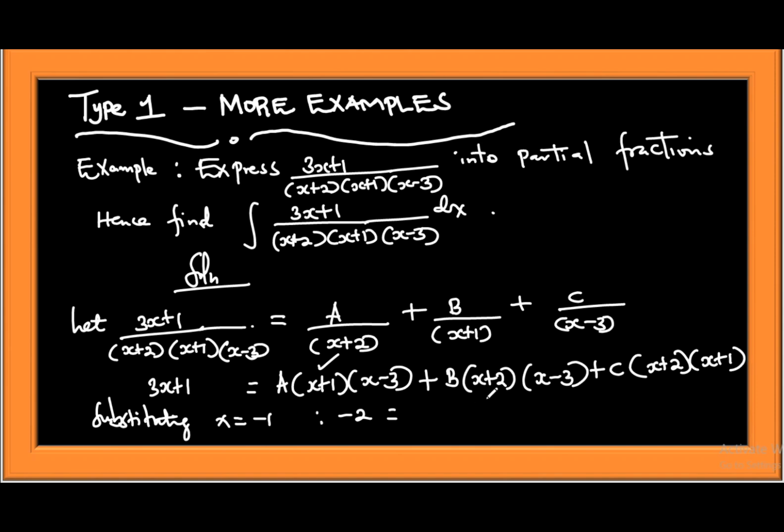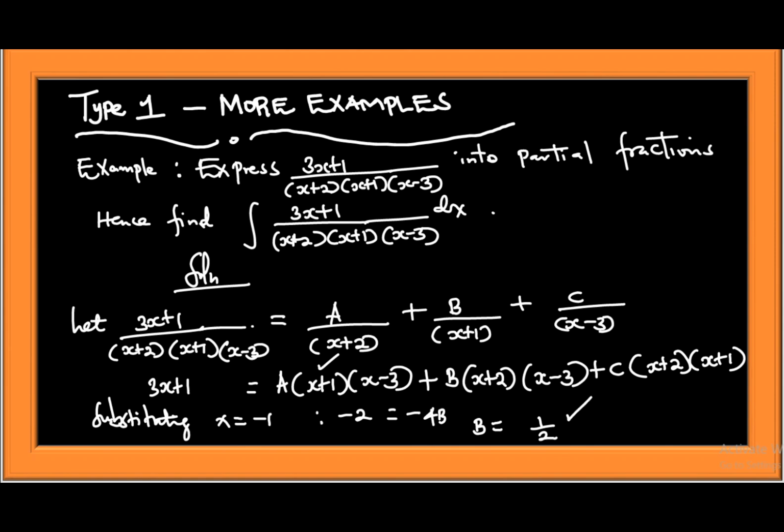So it's only the middle term, which is going to give us negative 4b on the right-hand side. When you substitute carefully, it will be negative 4b. That means the value of b definitely becomes a half. So we have got the value of b as a half.